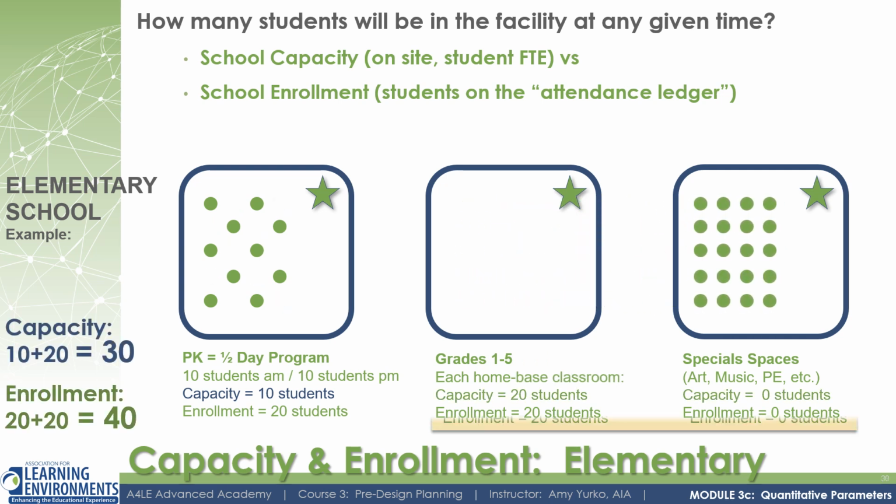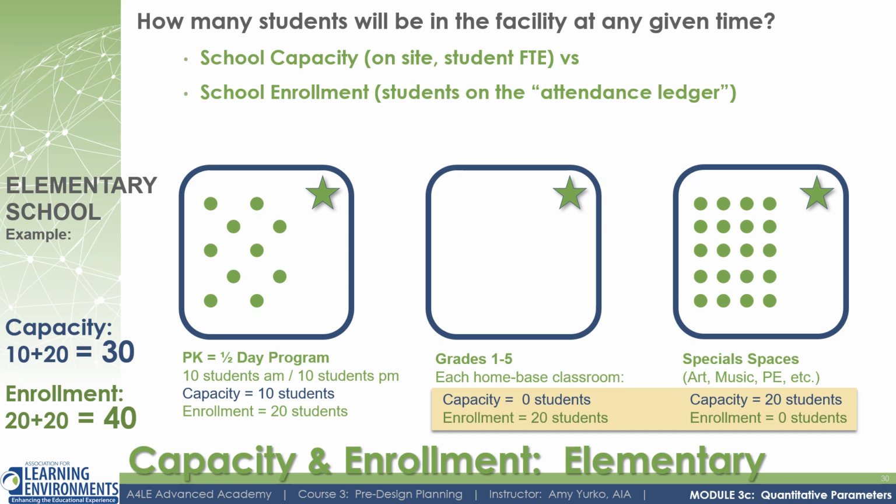Students leave their home-based classroom to take advantage of those programs, and so no other students backfill that original classroom the students have just left, and so the capacity shifts and the enrollment shifts from one space to another. So when we look at the capacity of this example, we see that there would be 30 students. However, our enrollment would be 40 because we have a half-day program for pre-K.